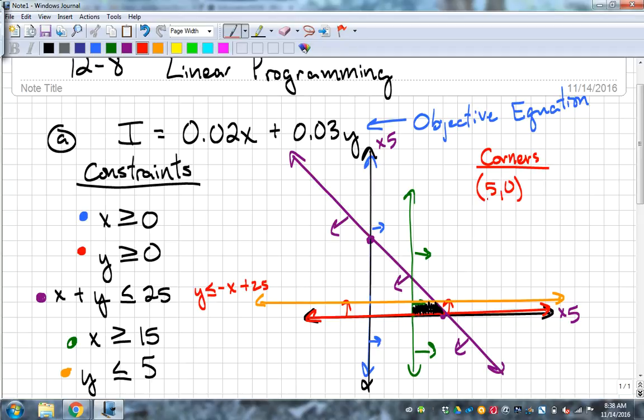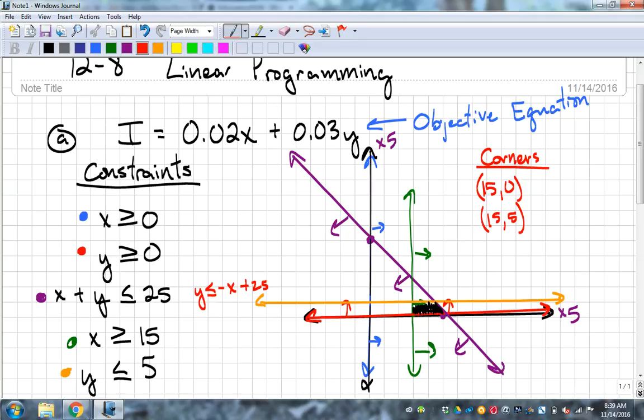And then right above that, where the orange and green lines intersect, that'd be 15, 5. That's the corner where my orange line and my green line intersect, at the top left corner of that. Best way to describe that.